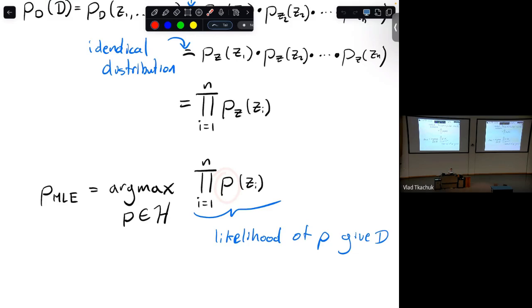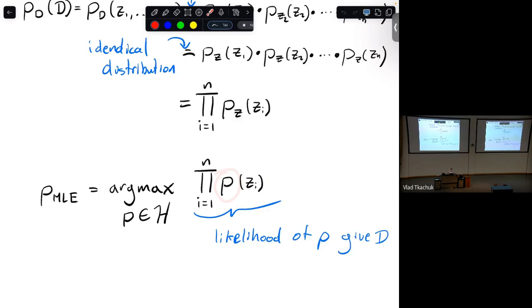This idea of searching over P's for a fixed data set, because you've gathered the data already, is what people give the name of the likelihood. You should think of the likelihood as a function over P's now. It's a function over different PMFs or PDFs for a fixed data set. These different PMFs or PDFs will tell you that the probability of that particular data set is some value.